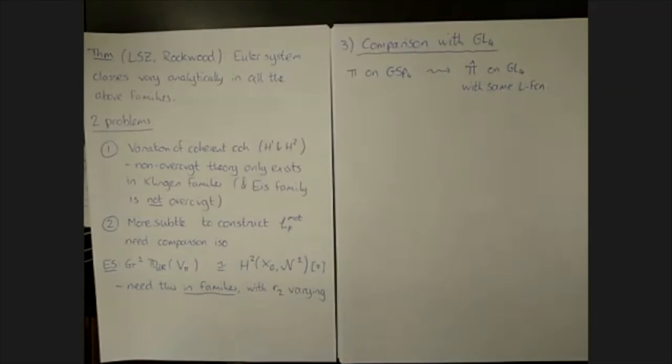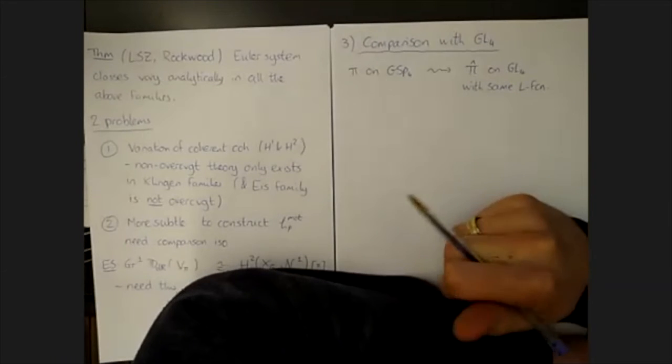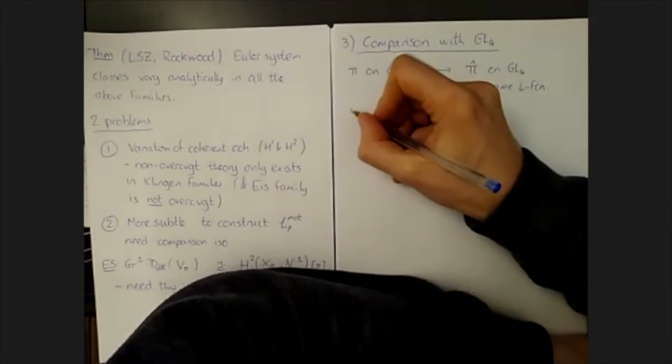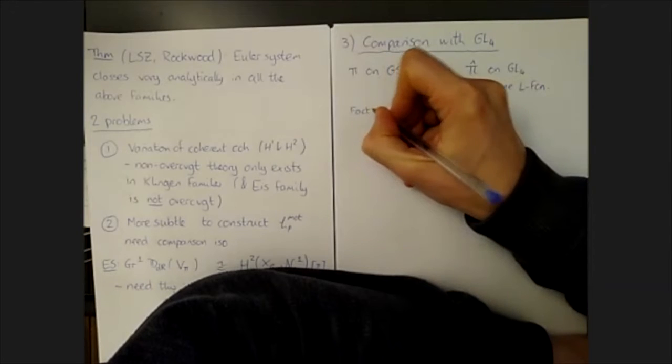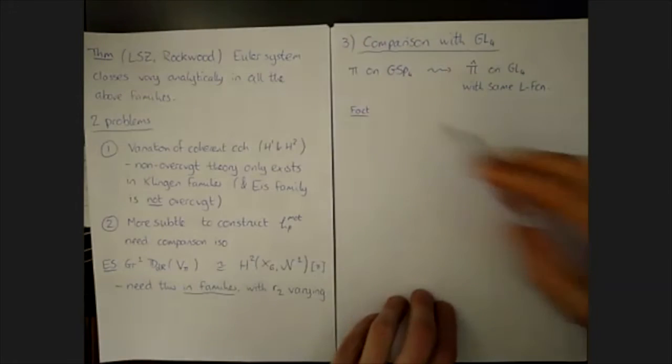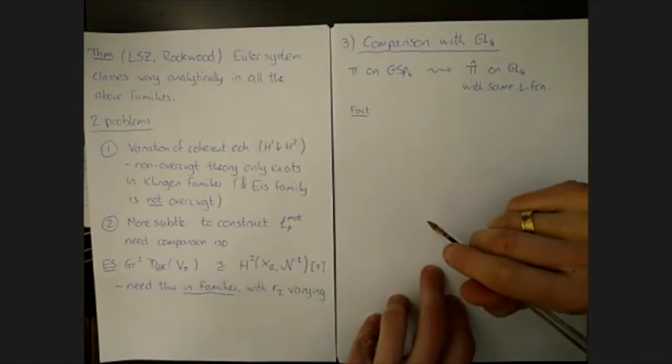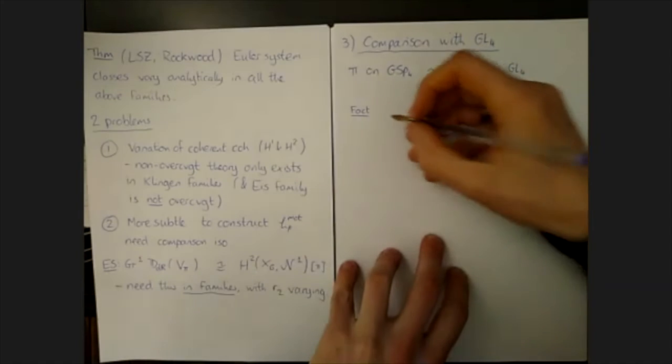So the fact we have a degree 4 L function for GSp4, whenever you have an L function, you should also have a functorial lifting to GLN. So there should be a lifting to GL4. And this is known to exist. And better, if pi is cohomological, then so is pi hat. And you can use that to put them in families.